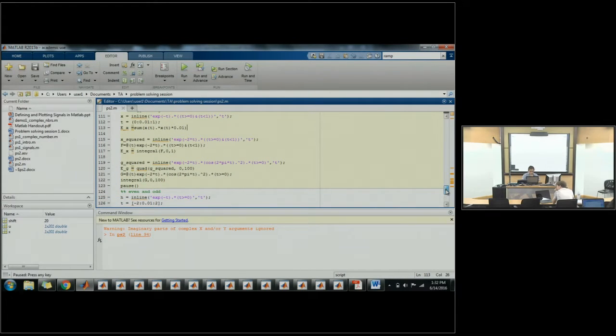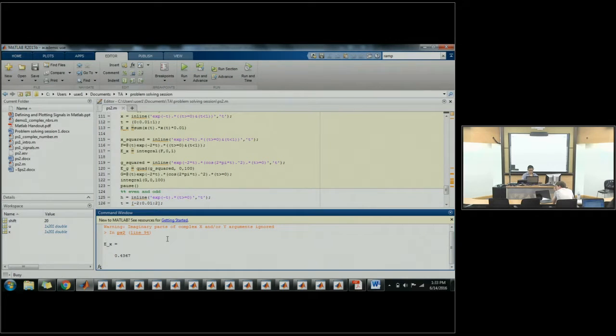Now let's see the value of this. So first I get 0.4367. Theoretically I should be getting 0.4323. I'm getting a different value because it's an approximation. It's a discrete approximation of a continuous function that we are doing. So that's why there's a difference in the values, but it's not a major difference if you look at it.